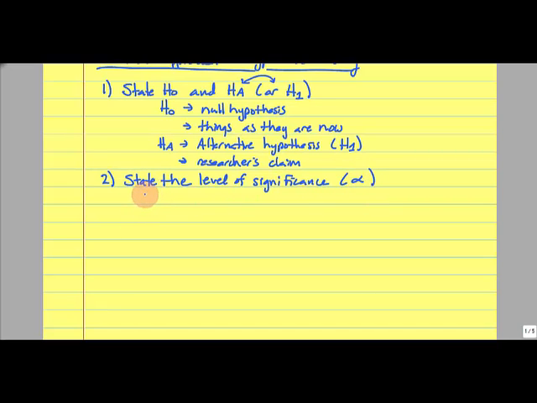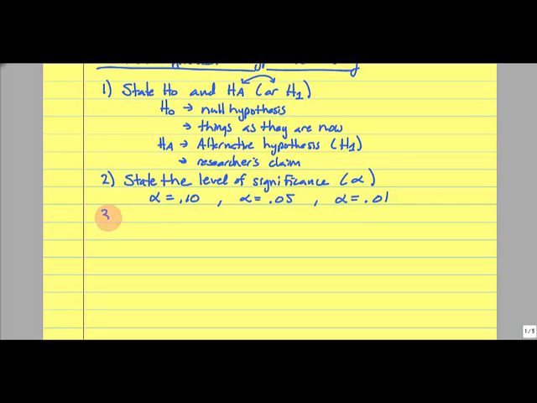For instance, if I talk about a 90% confidence interval like we did in the last section, I was willing to be wrong about 10% of the time. So our level of significance, or our alpha level, is basically stating how much you're willing to be wrong. Some common levels are 0.10, 0.05, and 0.01. Now there's others. In fact, there's an infinite number of levels of significance, but these are some pretty common ones that we'll be using.